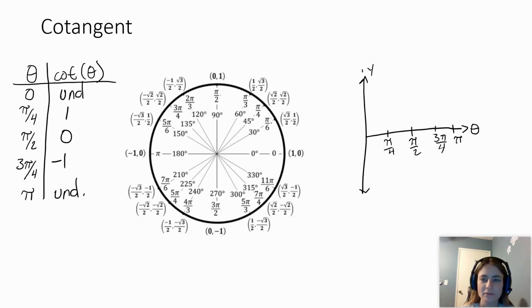So at 0, vertical asymptote, undefined, and at pi, vertical asymptote, undefined. Pi over 4, we're at 1, pi over 2, we're at 0, and 3 pi over 4, negative 1.